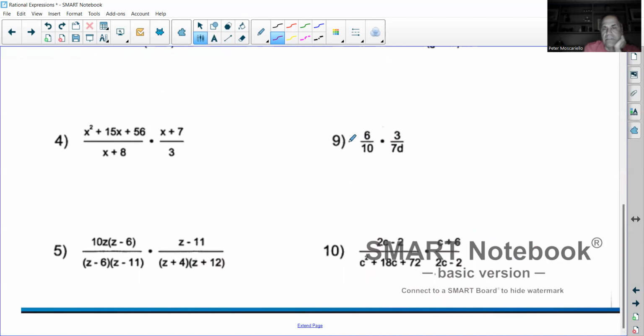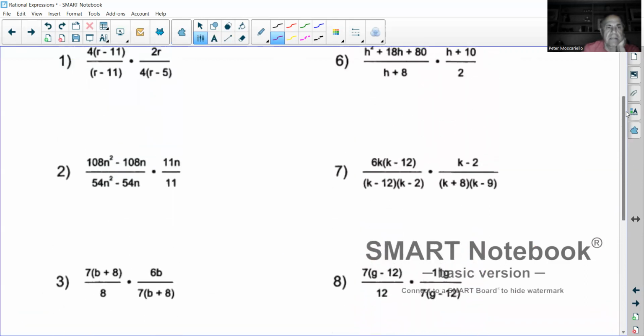So you can multiply across 18 over 70d and then reduce that down. Nothing wrong with that. I think you're better off seeing if we can reduce ahead of time. Let's see. 3 doesn't cancel with any denominator, but 6 and 10 by 2. 2 goes in 3 times, 2 goes in 5 times. Now multiply across 9 over 35d. That's it. Not very interesting at all.